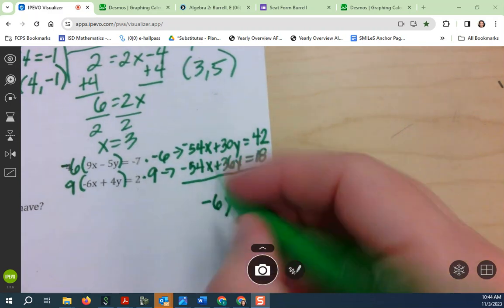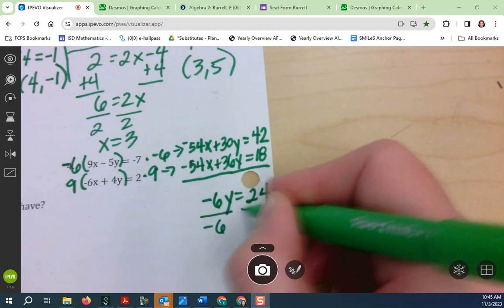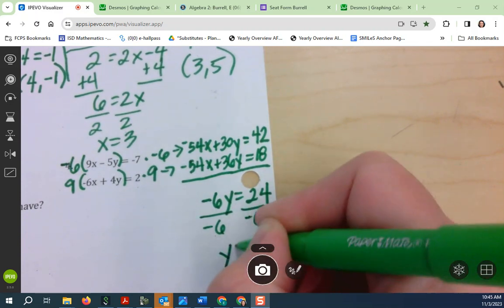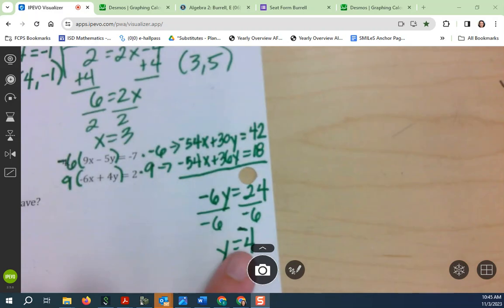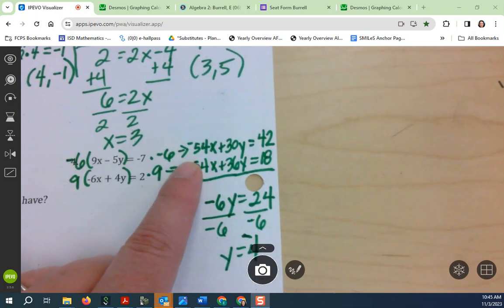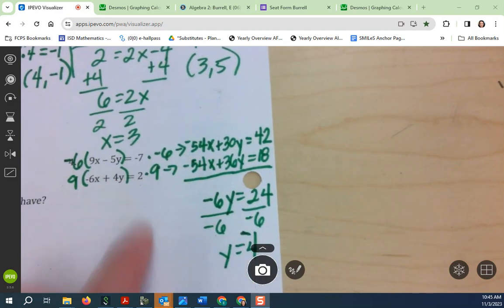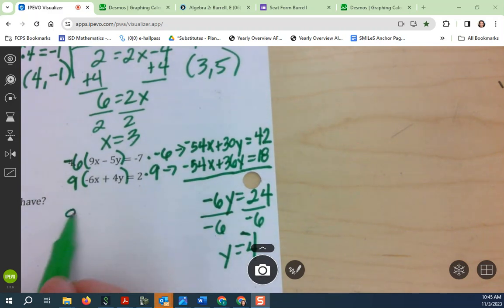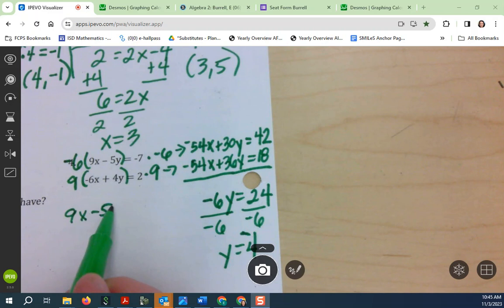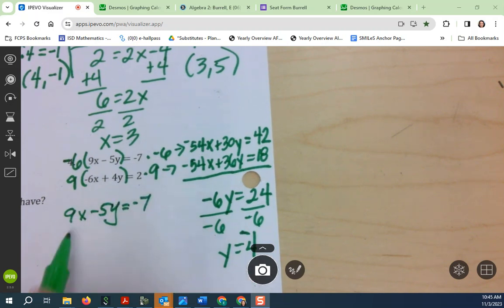All right, then divide. And y equals negative 4. And then I have to put this back in an equation. You can use one of these equations if you want, but the original ones look nicer. So it doesn't matter which one you take. I'll take the first one. 9x minus 5y equals negative 7, and put my number for the y.